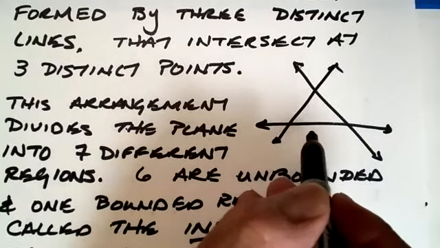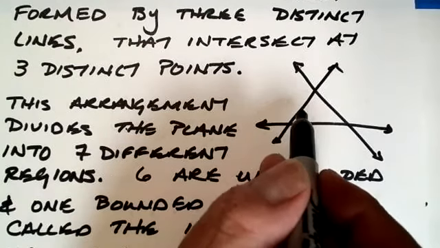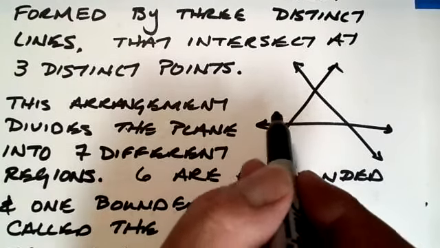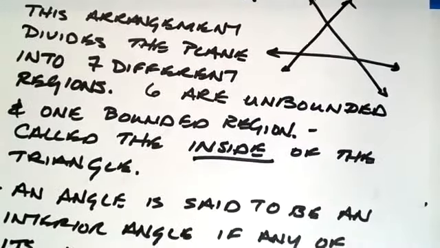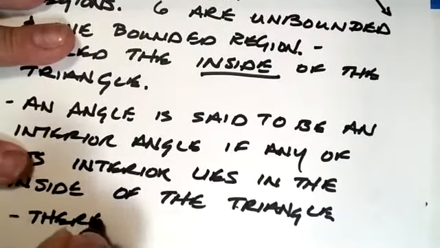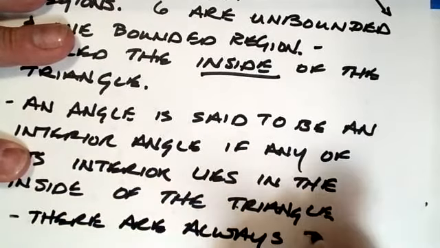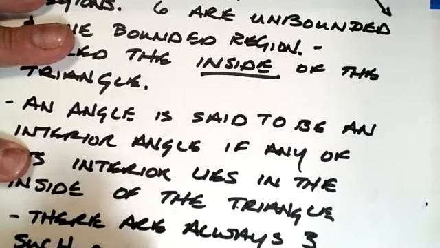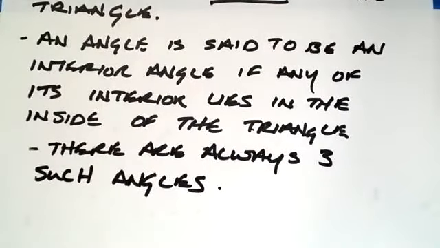And notice exterior angles are supplementary to interior angles, and the excess is what's called the explementary angle. But like I said, those terms aren't really super critical to us. And I'm just going to say there are always three such angles. So basically, a triangle has three vertices. Not a shocking result.